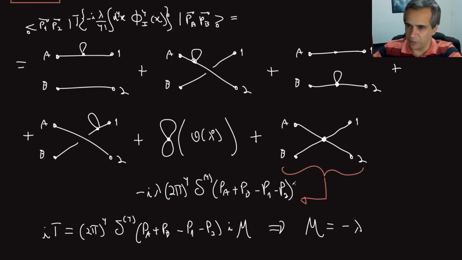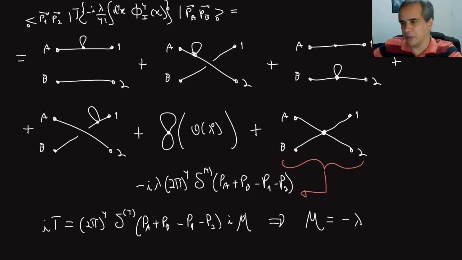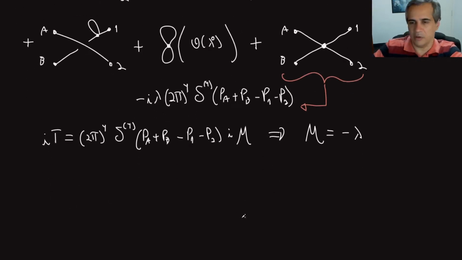So I just have to compare this with this, right? And I get M. It's just minus lambda, which I can use for a cross-section calculation, right?